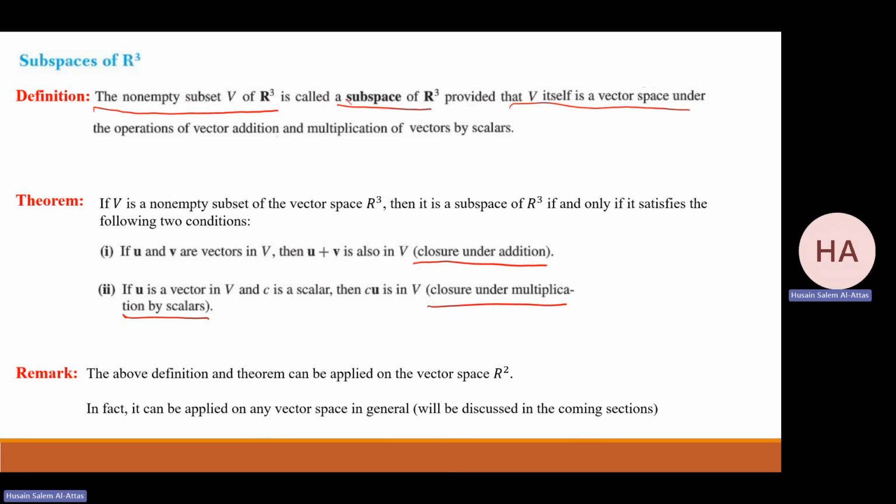Now we want to be sure about one thing. To prove a subspace, I need to show for any vectors U and V, these 2 conditions are satisfied. If U and V are vectors in V, then U plus V is also in V. If U is a vector in V and C is a scalar, then CU is in V. Now, to prove it's a subspace, I need to prove it for any vector.